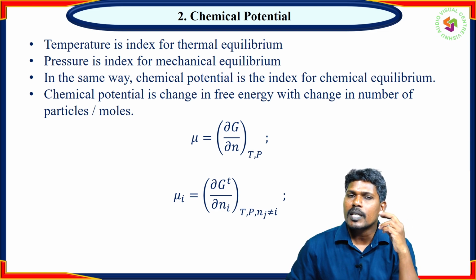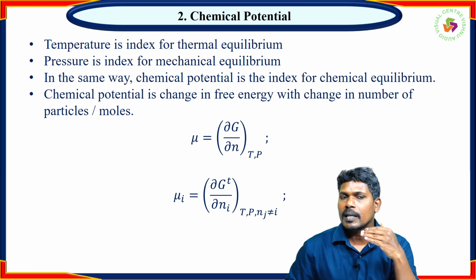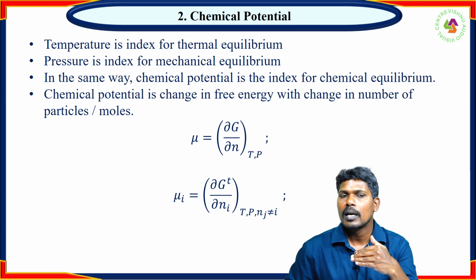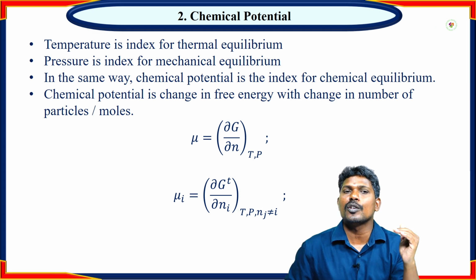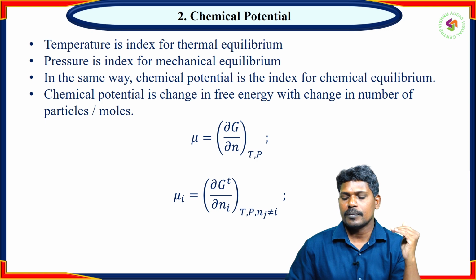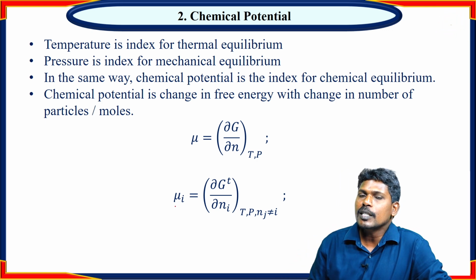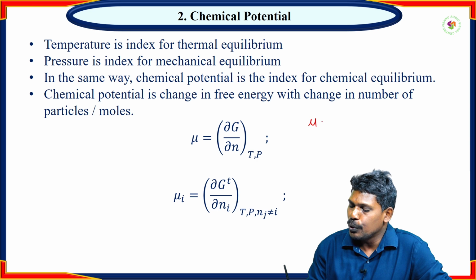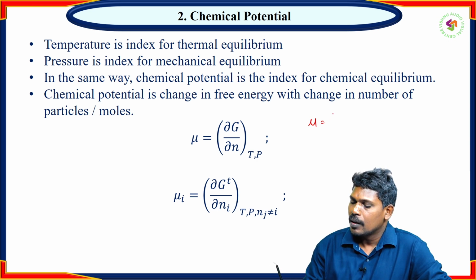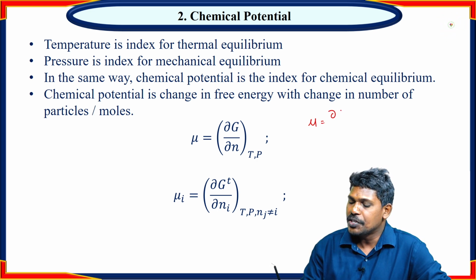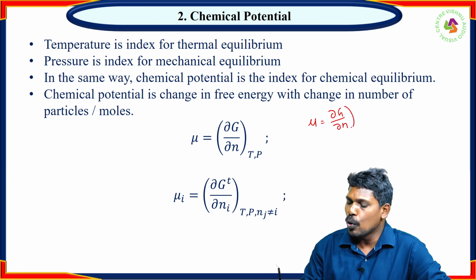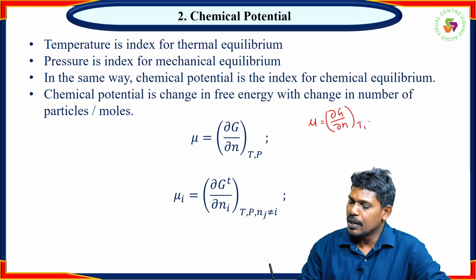So with respect to the change of a particular compound, what is the change in free energy? That is equal to the chemical potential. It is denoted with mu. It is the change of free energy with respect to the change of number of moles at constant temperature and pressure.